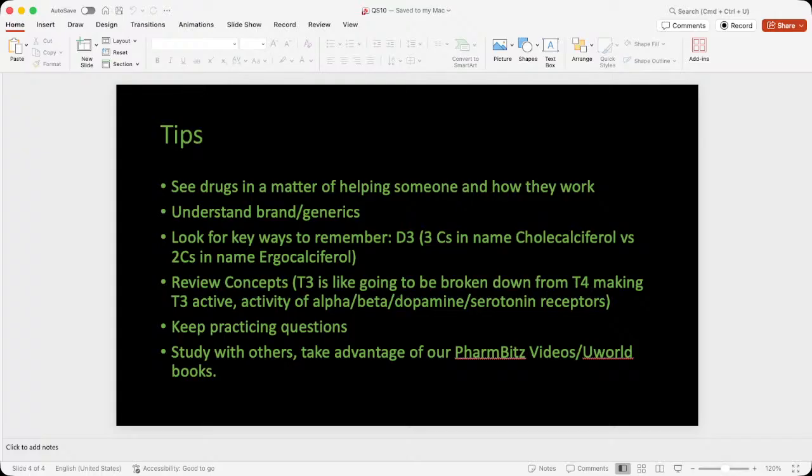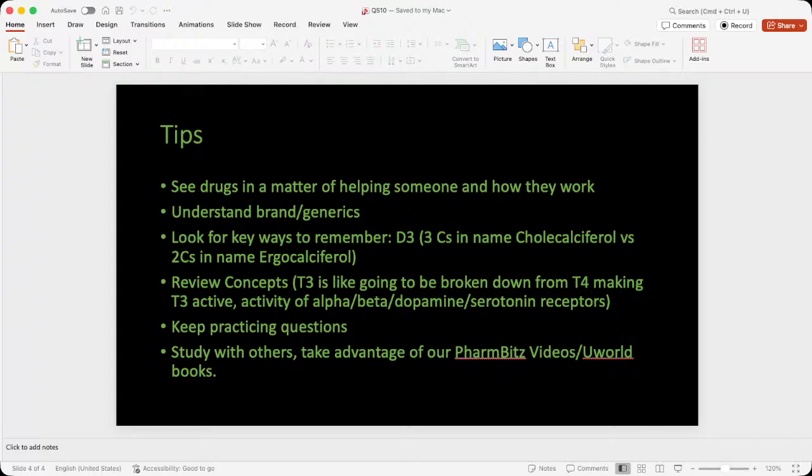Like it might upset your stomach. That's the most common reason patients should be taking that medication with food, specifically antibiotics. So just quick tips.